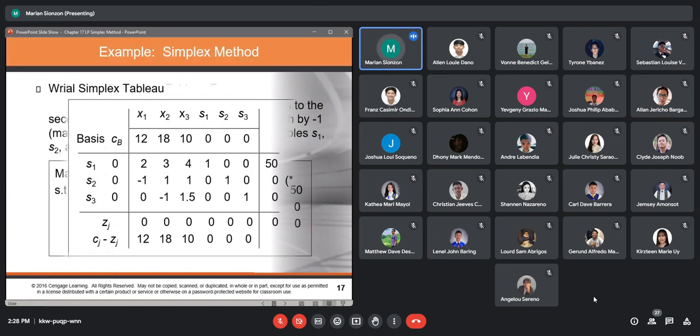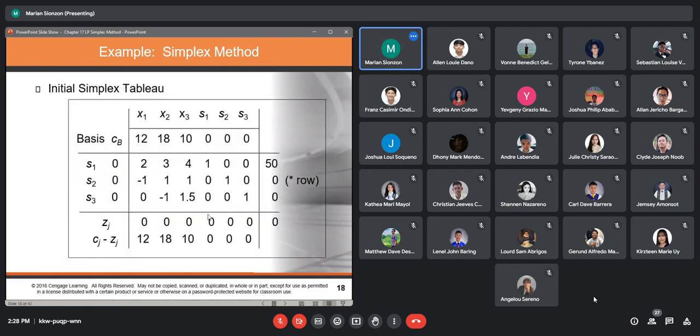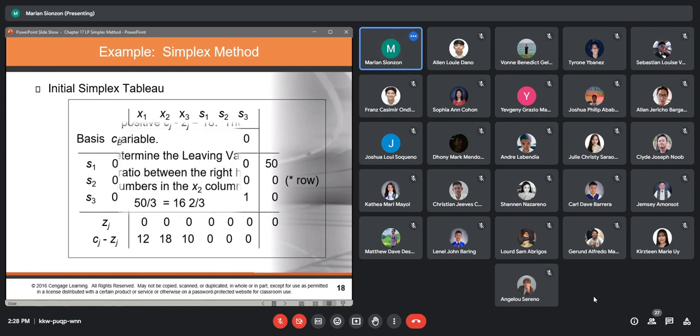Let's go to the next one. It will be negative 1, 1, 1, 0, 1, 0, and then equal to 0. Let's go to the third one.